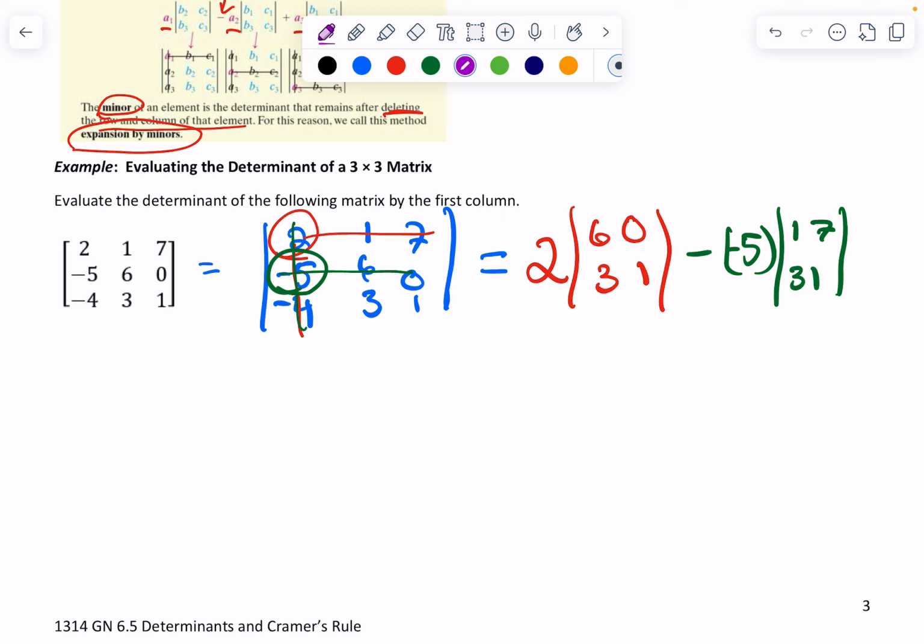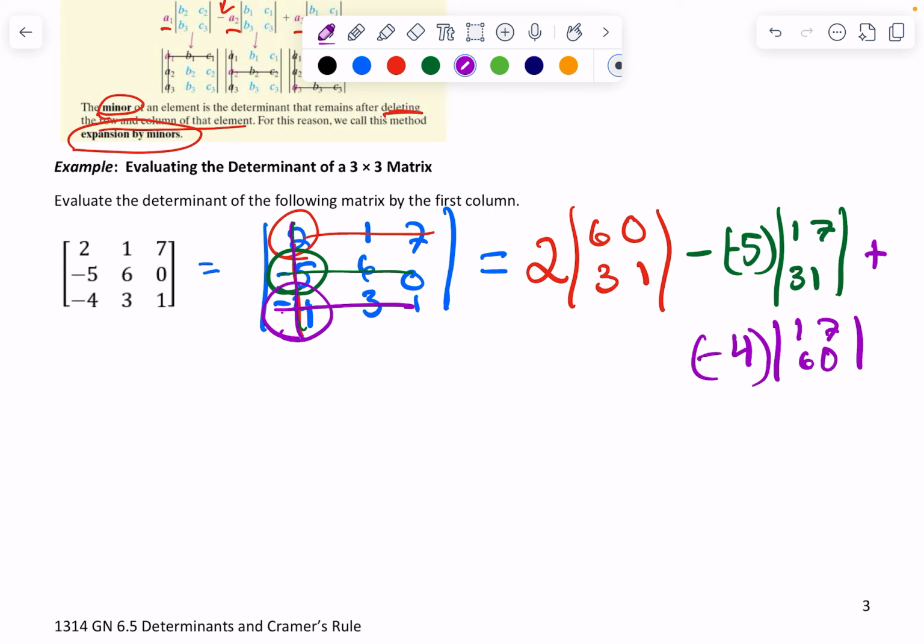Next one is an addition, and we're taking the A3 element, which is -4, and I'm running out of space here. I'm just going to write it down here. Plus, and now again, we're crossing out the row and the column where that -4 is, which reminds me that needs to be a negative here. So we're taking 1, 7, 6, and 0.